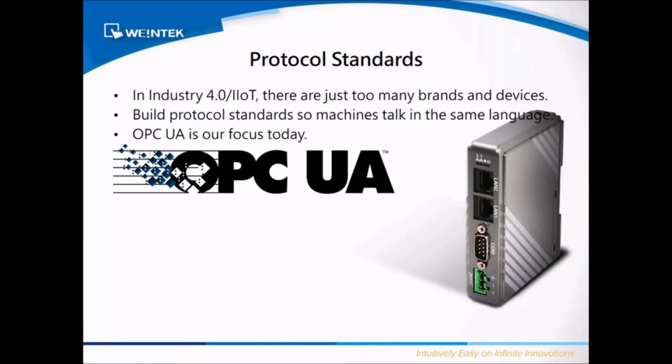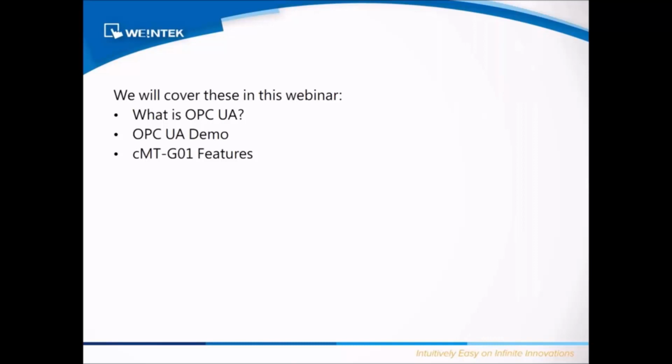Then there must be a single and unified protocol for everyone to talk with. Just like English may be the most used language internationally right now today, and in machines, that will be OPC UA, and this is our focus today.